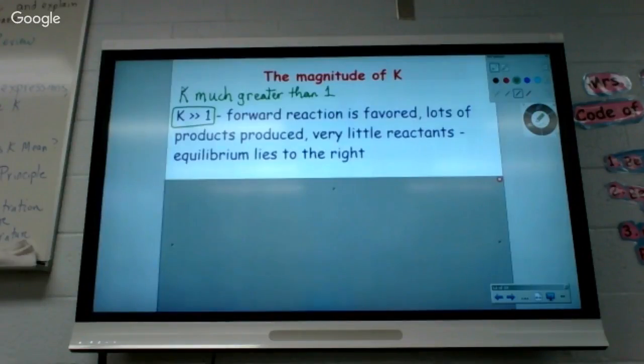You don't have many reactants, which means the equilibrium lies to the right. So in the reaction, you have lots of products, very little reactants. The equilibrium lies to the right.